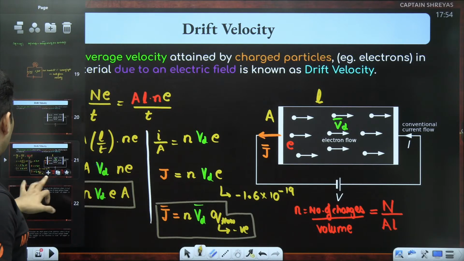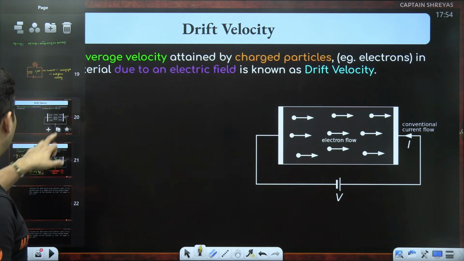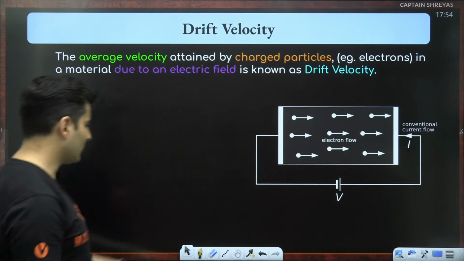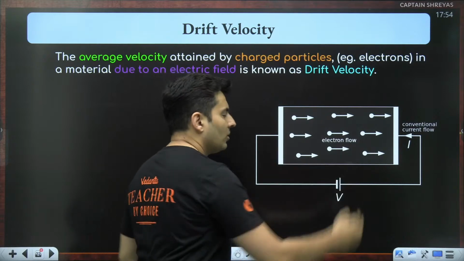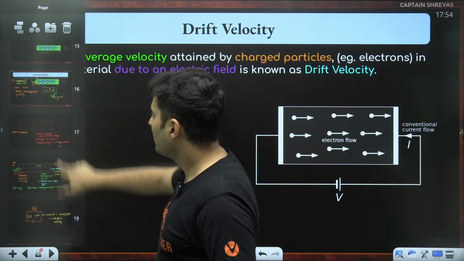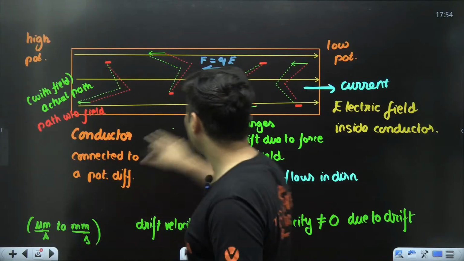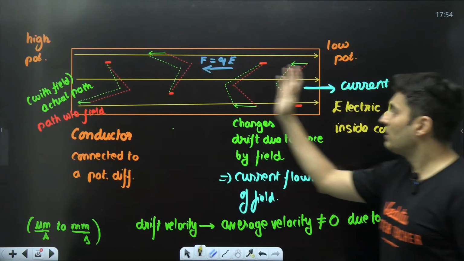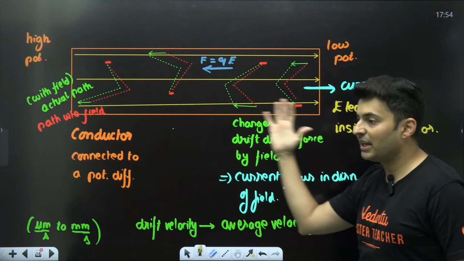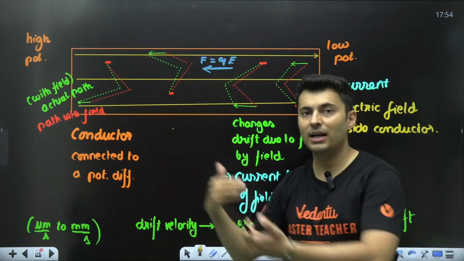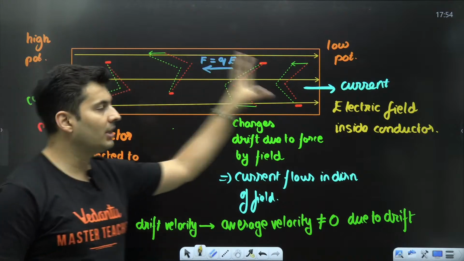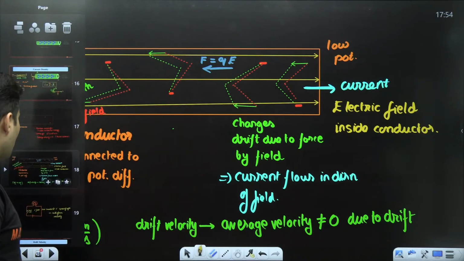Now, there is also another formula for drift velocity, and that is also something which you should know. Remember, just some time back, I told you there is an electric field which is set up, because of which there is a force acting on every single charge, and these electrons begin to slowly drift from one side to the other side, which makes up the electrical current.